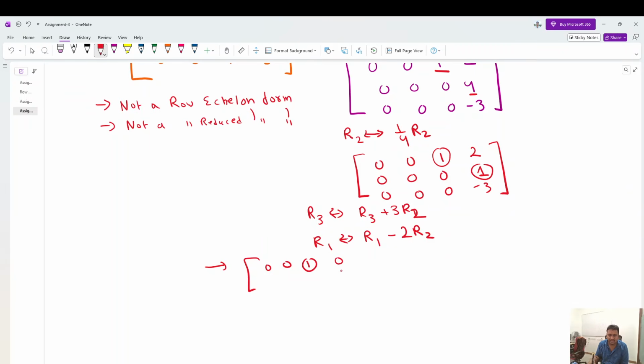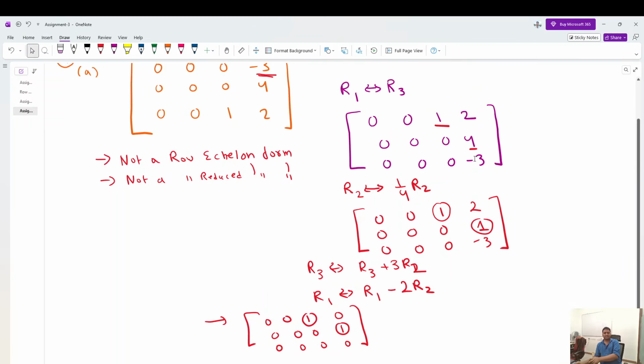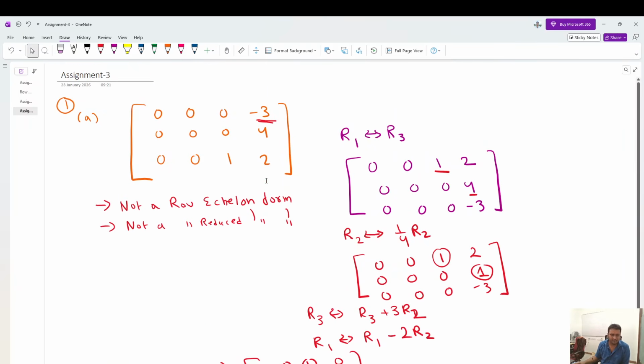Row reduced echelon form. I am just circling to denote that these are pivotal elements. So this is the row reduced echelon form. And if you just want a row echelon form, you don't need to do this. You just have to make the entry below 4 to be 0.